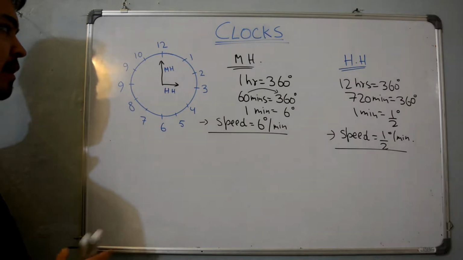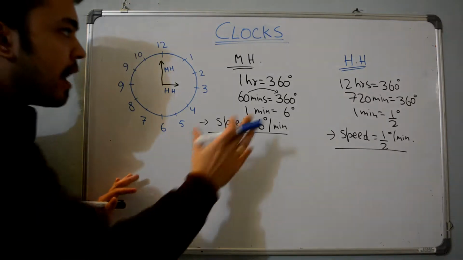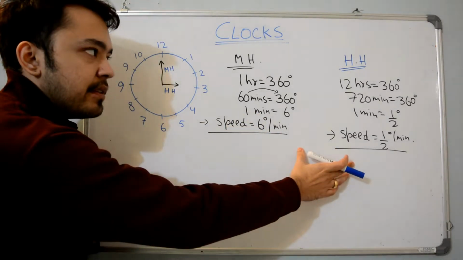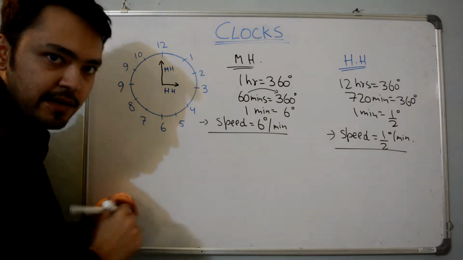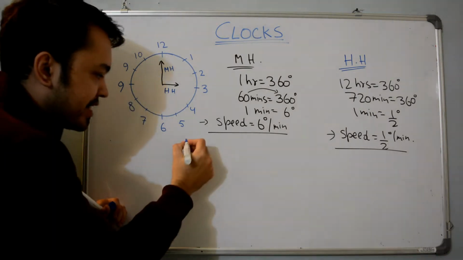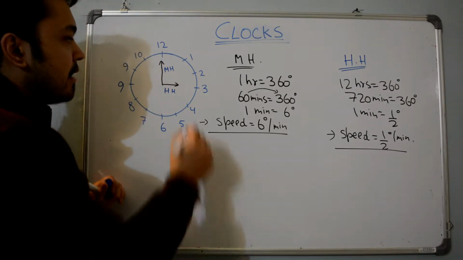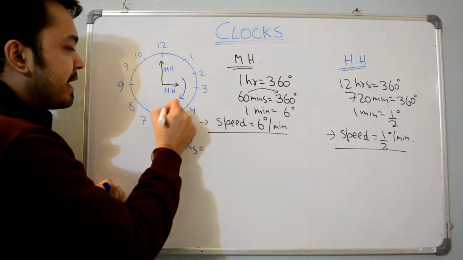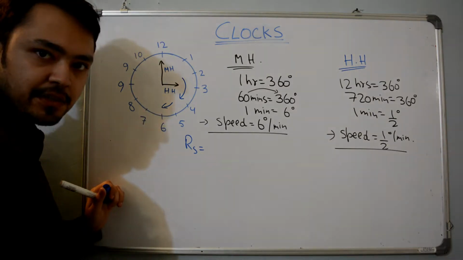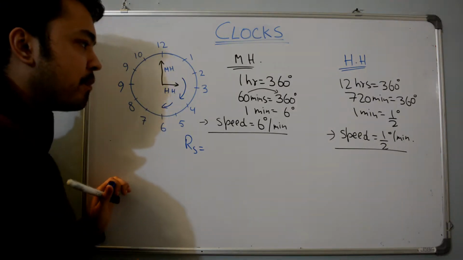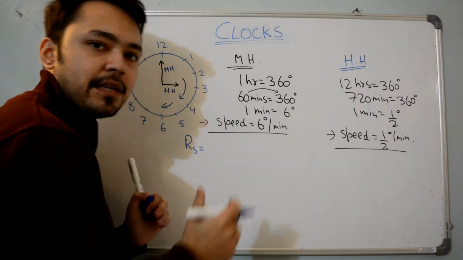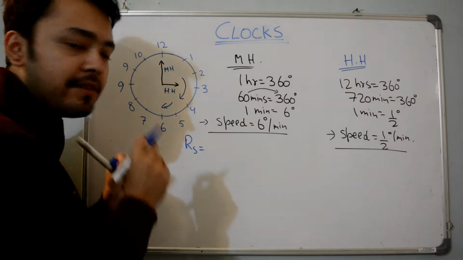Now, it is clear that our minute hand is moving faster than the hour hand. Clear? So we know the concept of relative speed, right? Now they are both moving in the same direction, that is the clockwise direction. So which means we will subtract their speeds to calculate their relative speed.